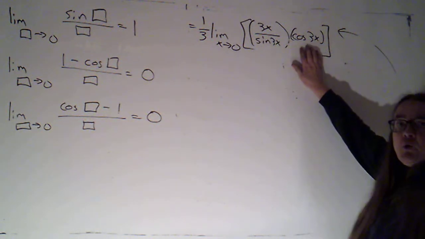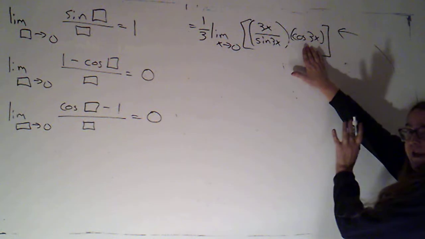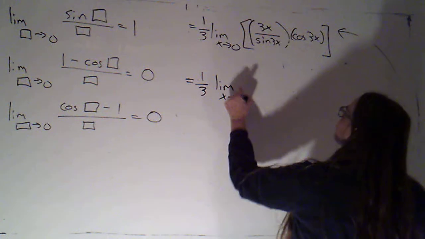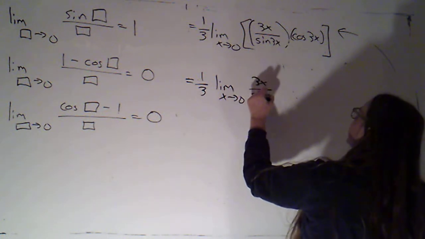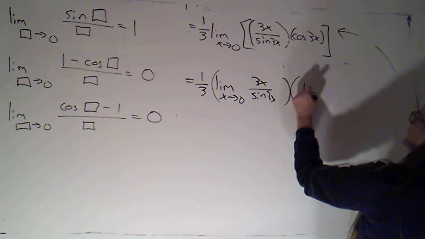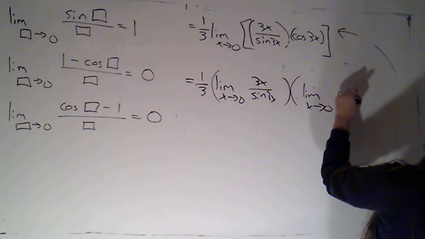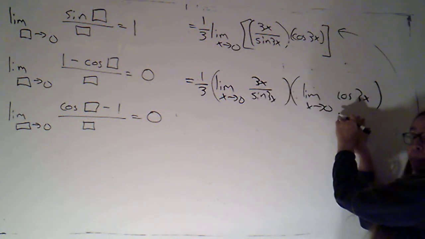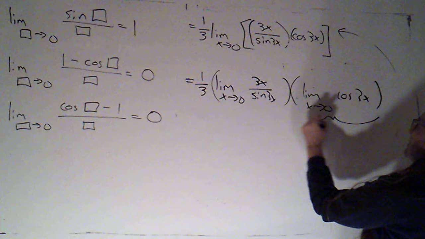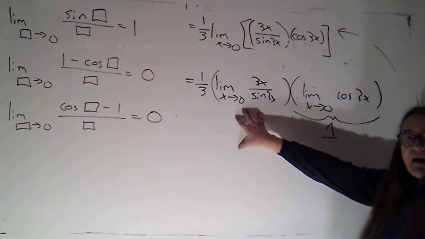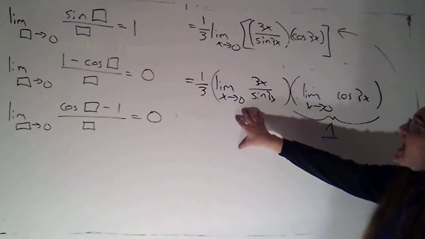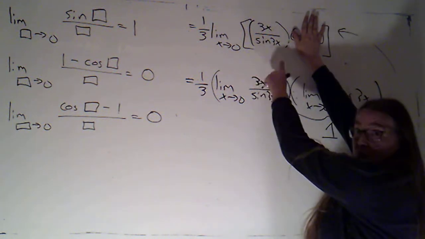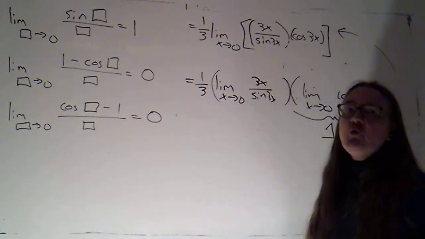If I wanted to evaluate that part first, I could, but I would have to say this is the limit as x goes to 0 of 3x over sine 3x times the limit as x goes to 0 of cosine 3x. I would have to formally break it up into 2 separate limits if I wanted to evaluate this one while I'm still working on this one. I can't just say, oh, this piece goes to 1 and just work with this. Let me show you why not.